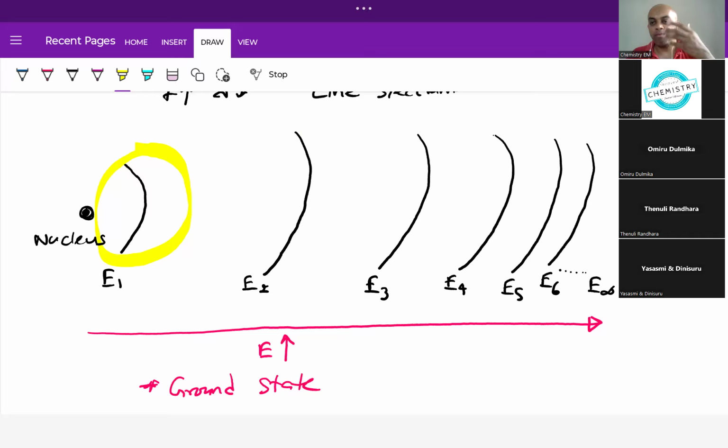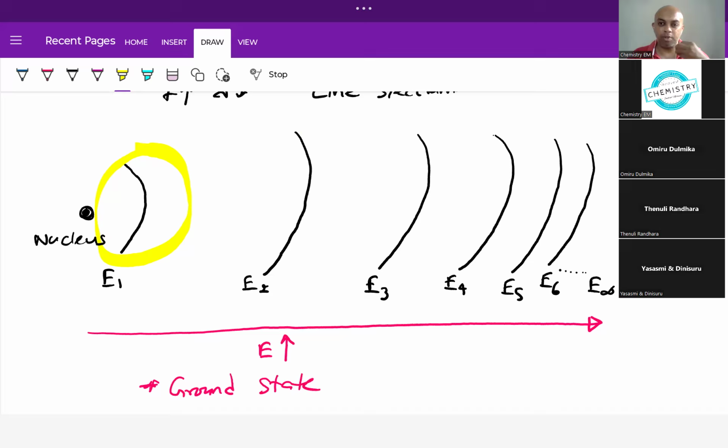Now we supply energy. When we are supplying the energy, it absorbs energy and it will increase its energy. Now, how is it absorbing the energy? In quantum levels. Quantum packet-wise, it is absorbing the energy. Right?